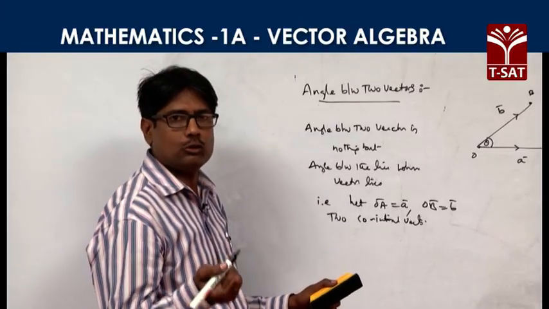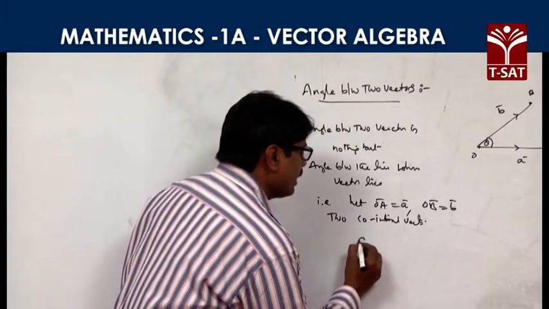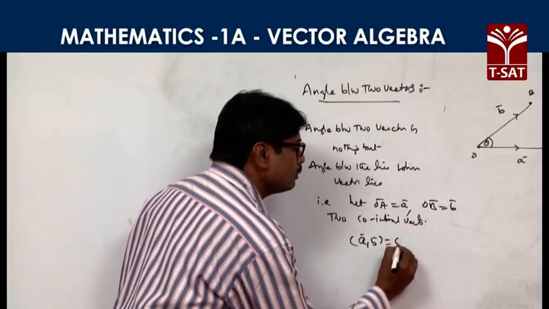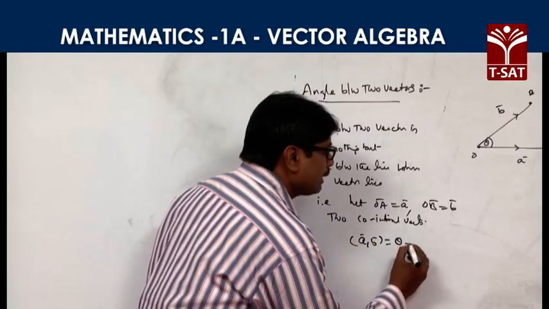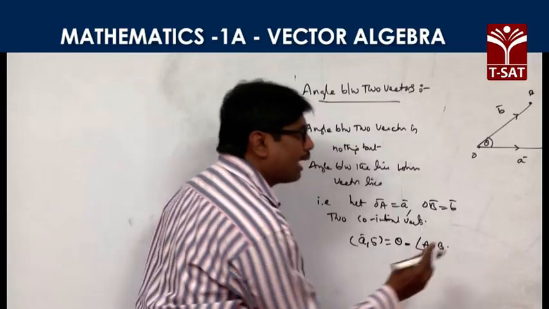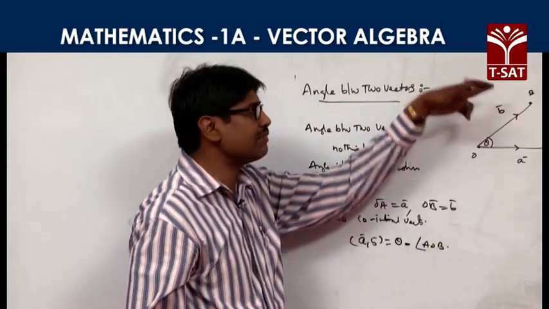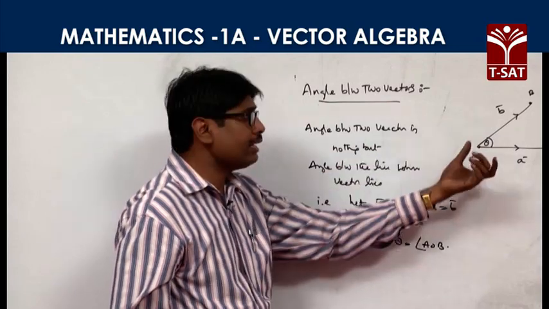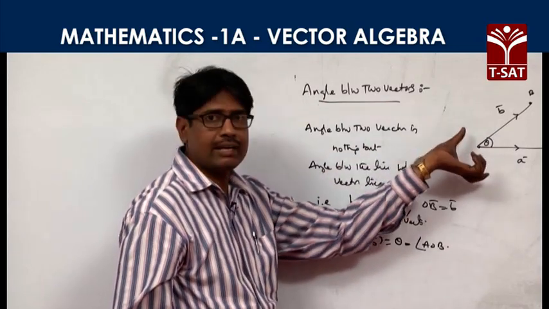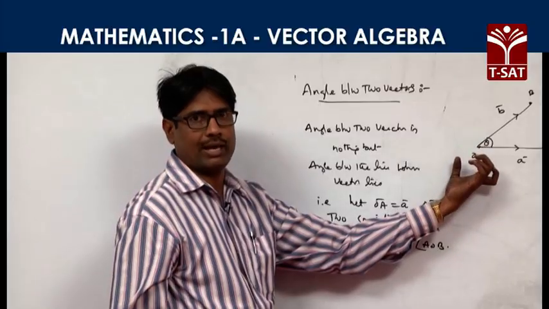Generally, the angle between the two vectors, written as the ordered pair A bar comma B bar, is equal to theta, that is angle AOB. It is not concerned with the direction, it is only the angle between the two lines.